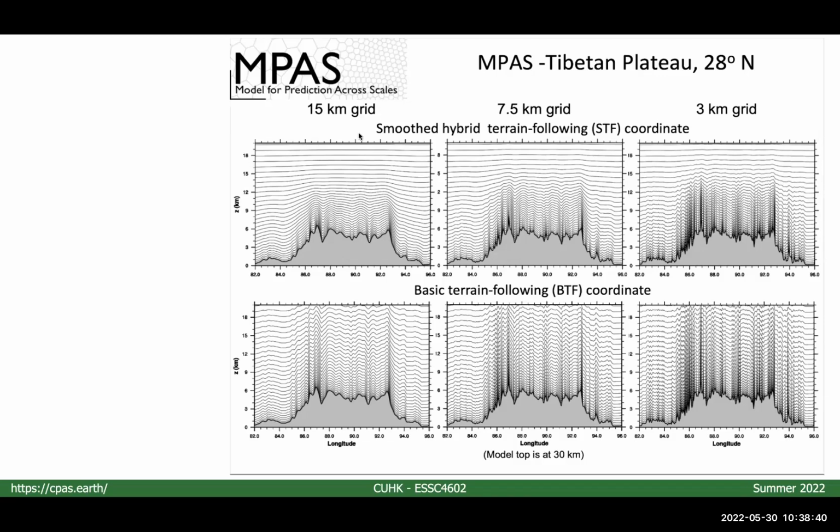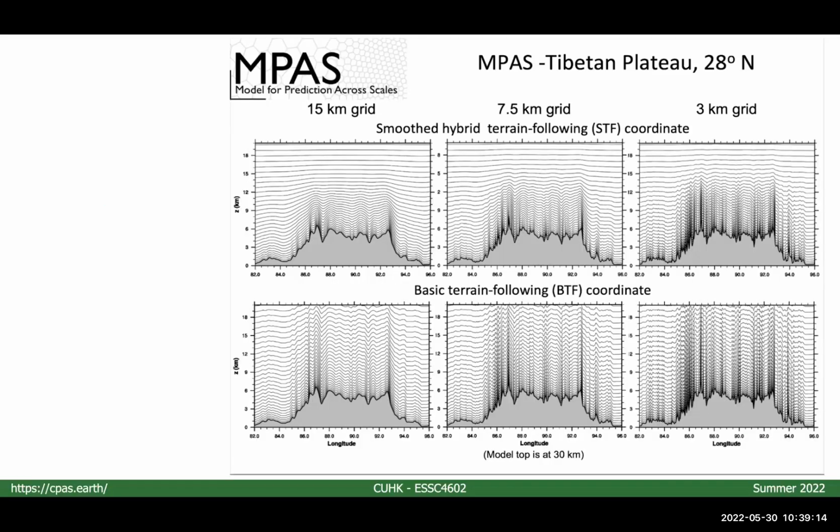And then as you use higher resolutions, say the 3 km one, you will see that more details of the terrain are represented. And then near the ground, the terrain following vertical layers also contain information about the terrain like this, but going up to upper layers, it becomes very smooth, the so-called hybrid way.